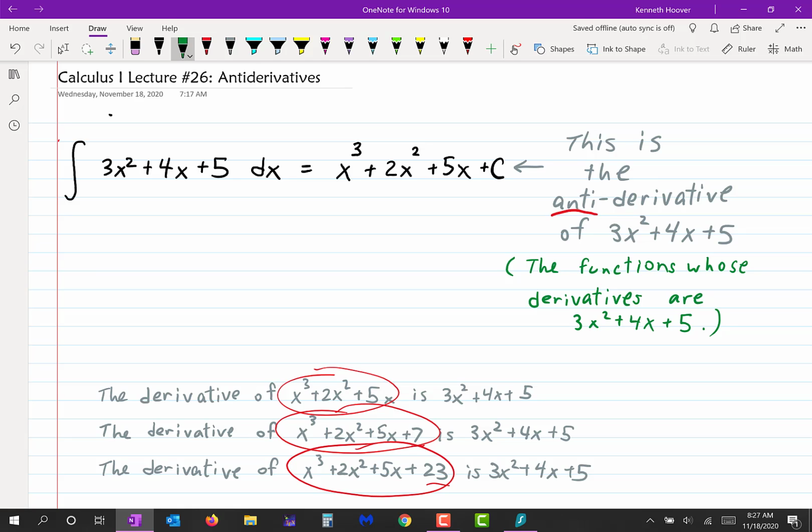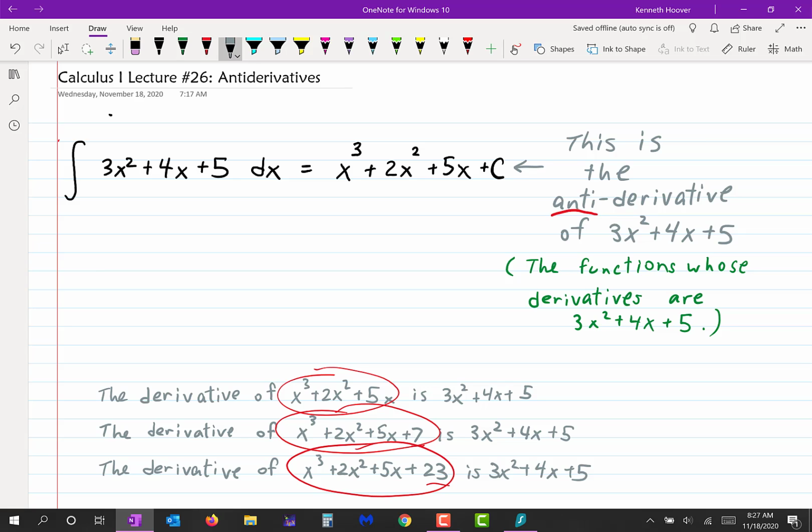Do I need to make any grammatical corrections to the sentence that's written in gray? This is the antiderivative of 3x squared plus 4x plus 5. It's not wrong the way it's written. You just need to understand that when we say the antiderivative of something, that is not a singular thing.